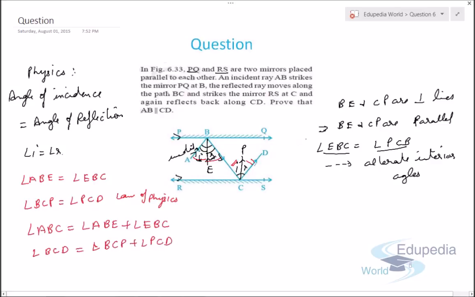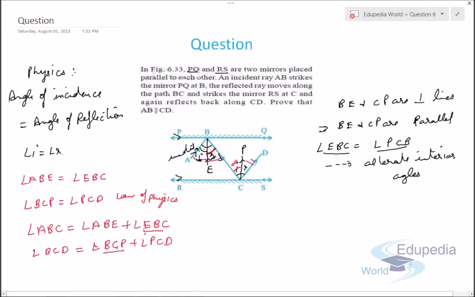Now, angle EBC is equal to this angle. So these two angles are equal, right?